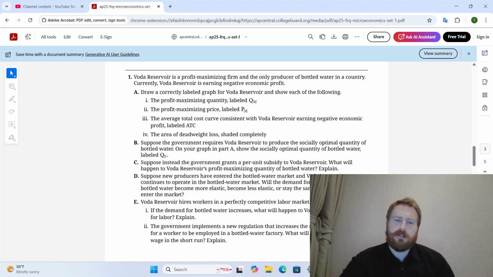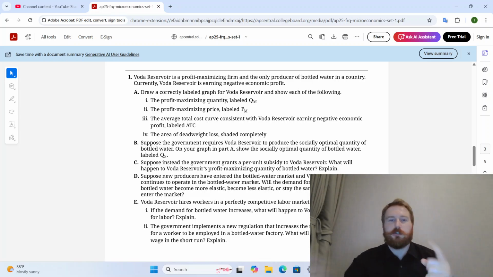The government implements a new regulation that increases the minimum age required for workers to be employed at a bottled water factory. What will happen to the market wage in the short run? The market wage is going to increase because now we have a lower quantity of workers. Because we have a lower supply of workers, supply shifts left. If supply shifts left, price goes up.